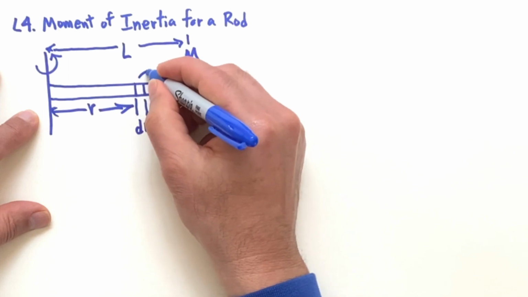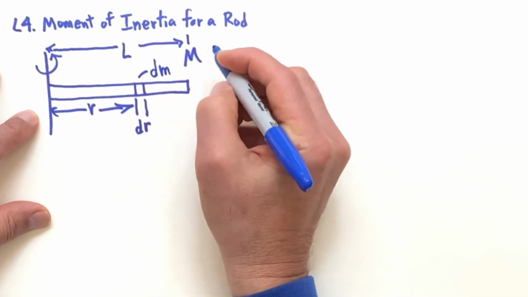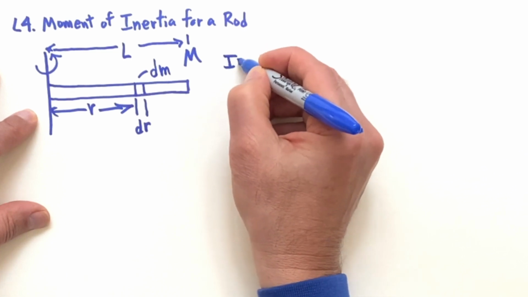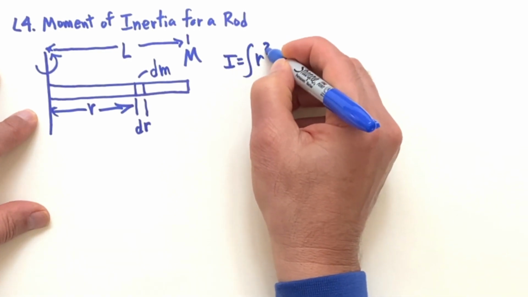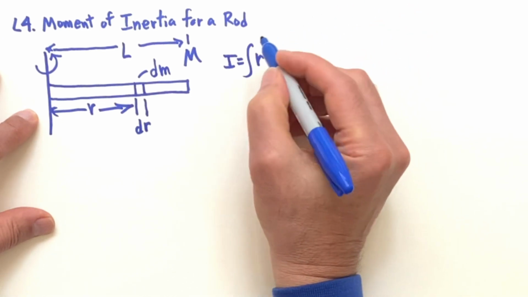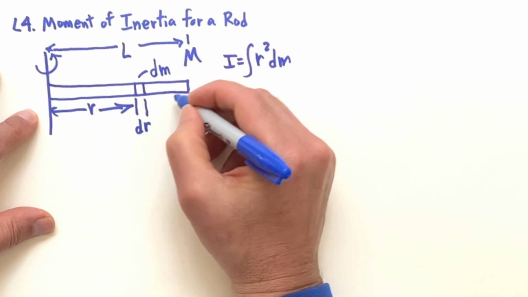So we can think of this here as a little dm, a piece of mass, and we'll have our formula integral r squared dm. Now it's convenient in these problems to define a density. Here we have a linear density.